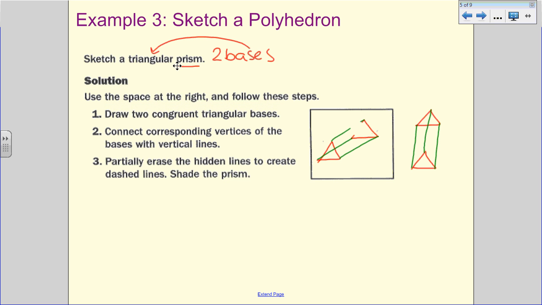So this is going to become a dashed line here. I'm not going to see this, so that becomes a dashed line there. These are still full lines that I can see. And I'm not going to see this here, so this becomes more of a dashed line there. So those are the parts we can't see.